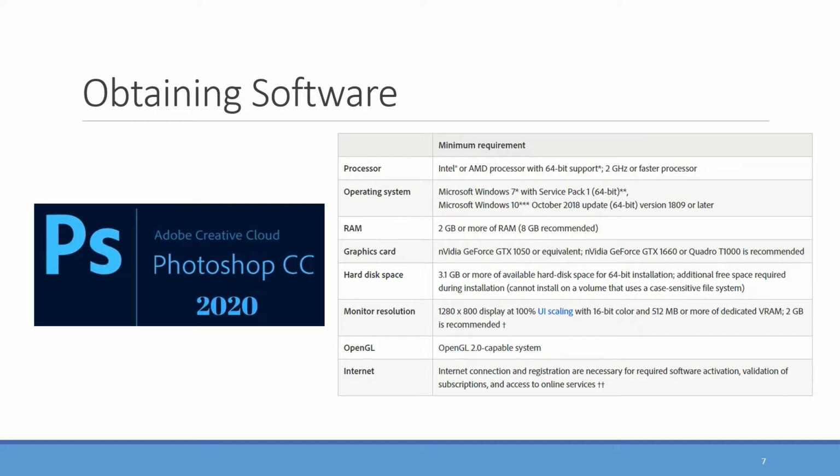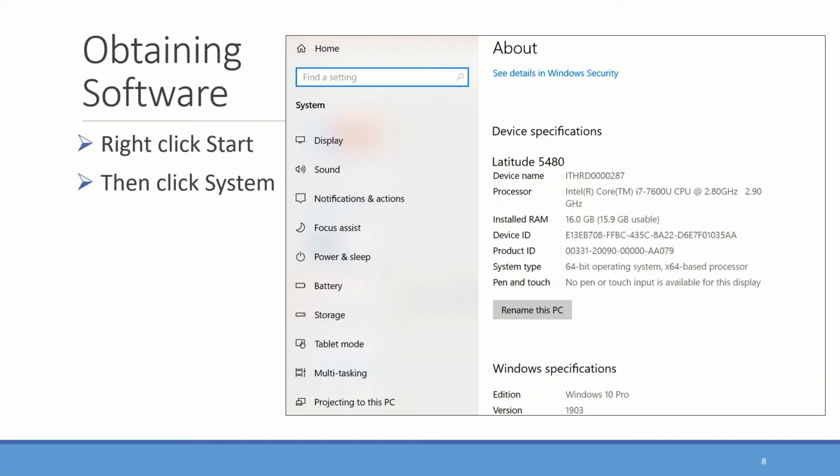You can see that the processor should be at least 2 GHz with 64-bit support, and the operating system is Windows 7 64-bit or Windows 10 64-bit. It is also required to have at least 2 GB RAM, but preferably 8 GB. Knowing the system requirements of a software, you should know if your computer can support it.